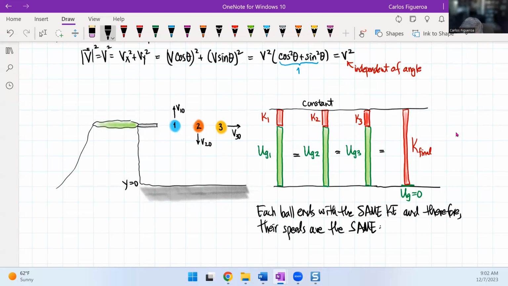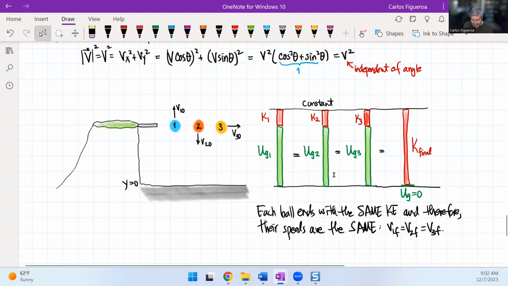In other words, V1 final, V2 final, and V3 final are all the same, and they hit the ground with the same speed. That's how I would use bar diagrams to look at conceptual questions. They're extremely, extremely powerful.